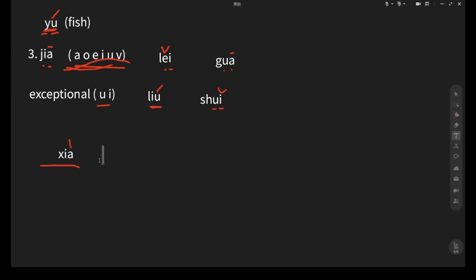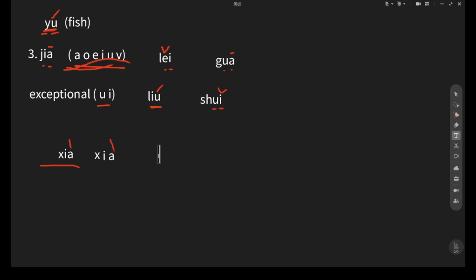The vowel is E, R, so together, ya, more quickly. Then we put in the consonant. How to read this consonant? Xi, ya, xia. Correct tone, first tone. Xia, xia, xia. So reading from vowel to consonant, this is the correct tone, okay?